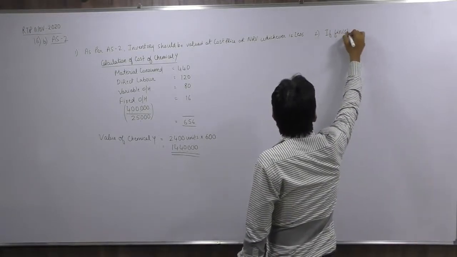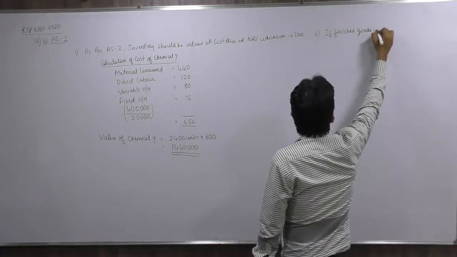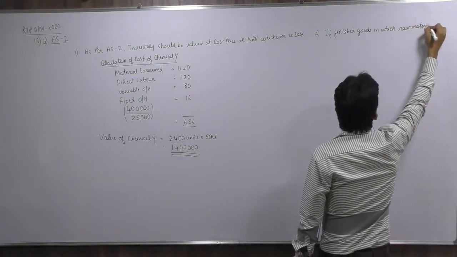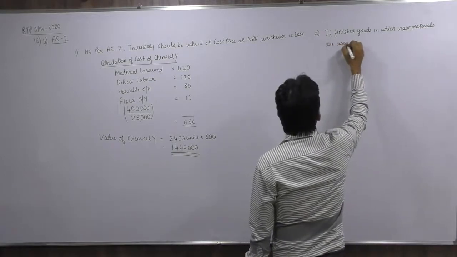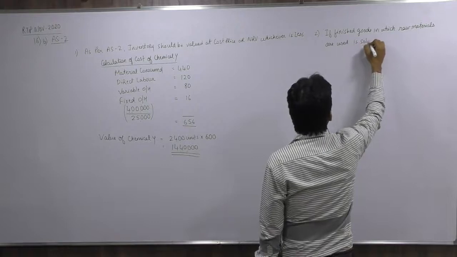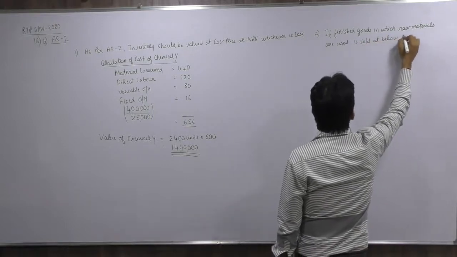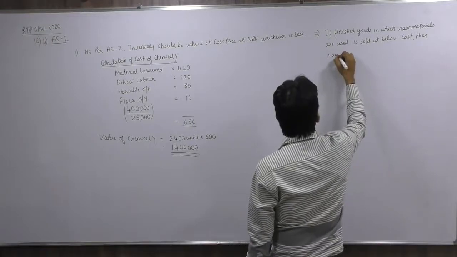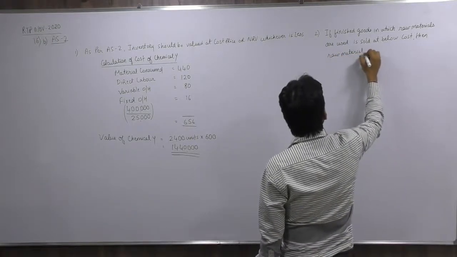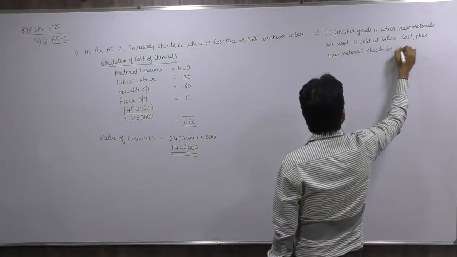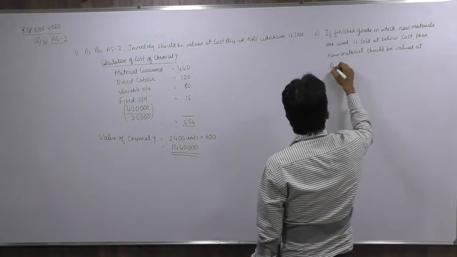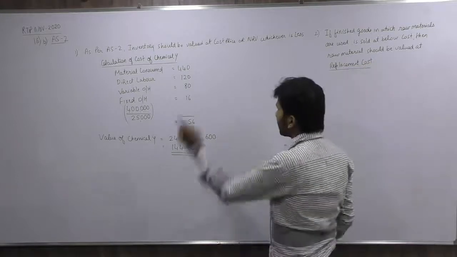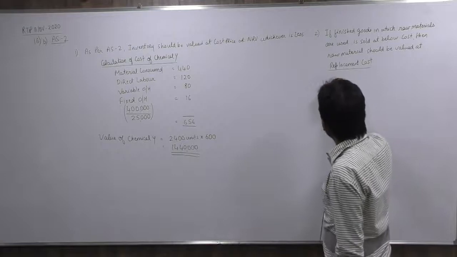If finished goods in which raw materials are used is sold at below cost, because NRV is 600 and cost 656, then the raw material should be valued at replacement cost. Write this provision only then you will get full 5 marks.